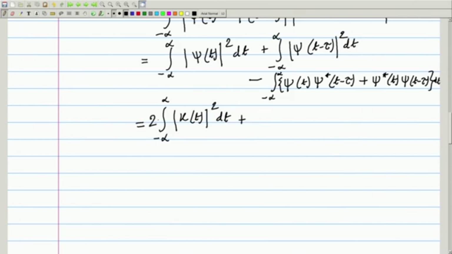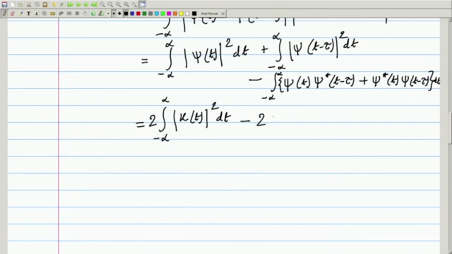So, I can write 2 of these, and then this thing as it is, minus this also, you can say a b star plus a star b, we know that is 2 times the real part for a complex number.